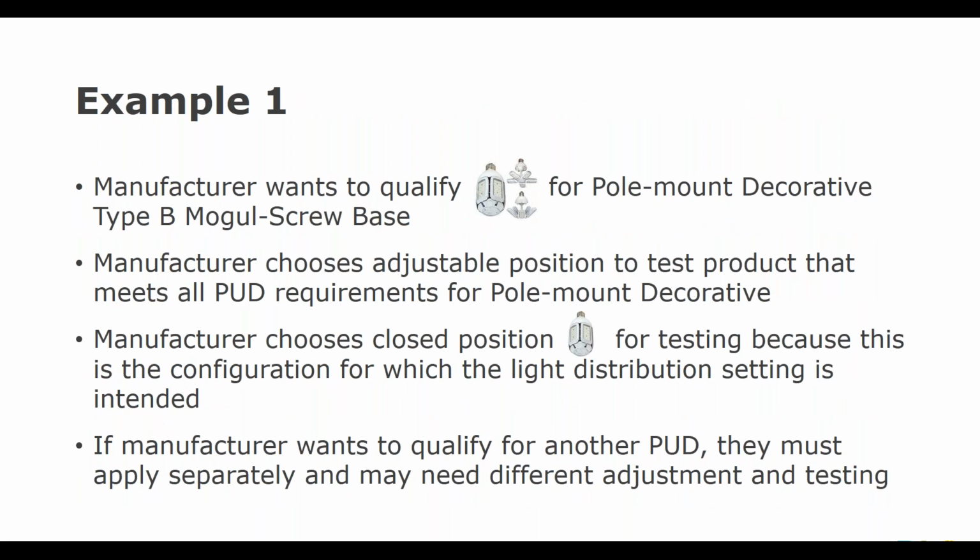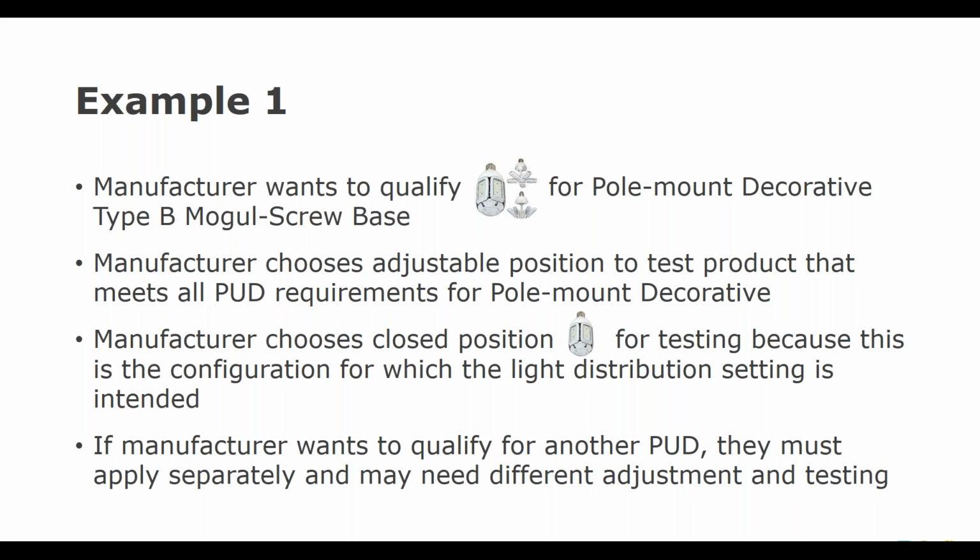So I have a couple of examples here using one of the products I talked about initially. Let's say that this manufacturer wants to qualify this lamp type product for the pole mount decorative Type B mogul screw base primary use designation. It's like a product type.